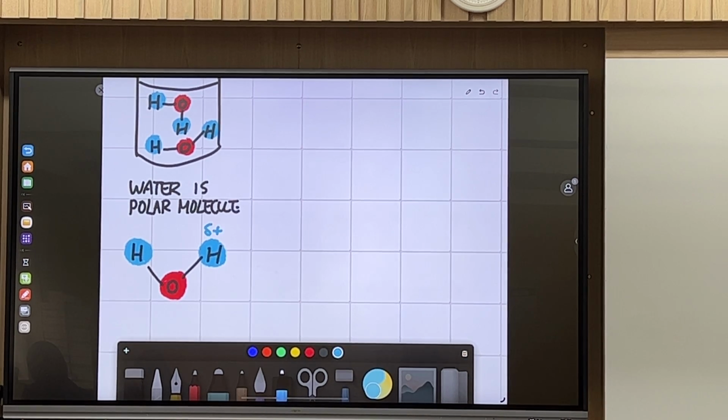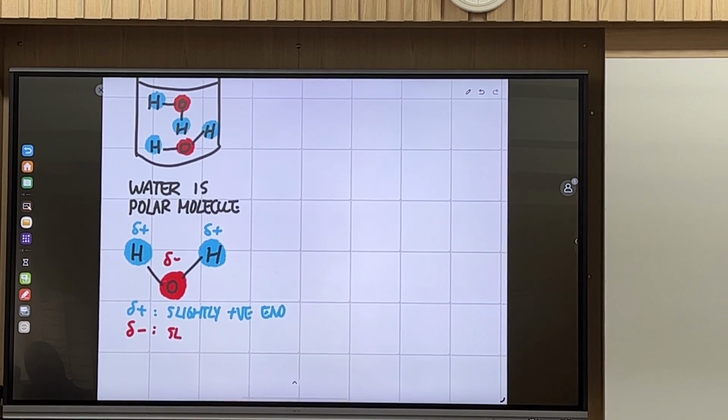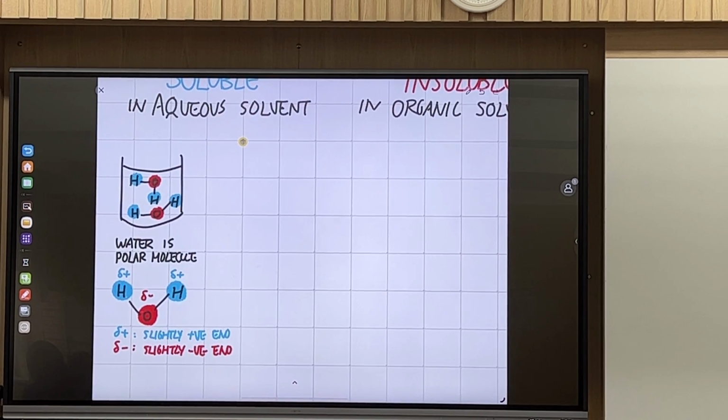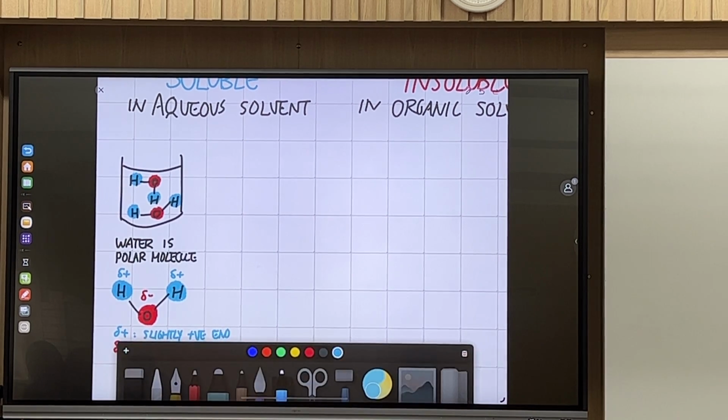So we have delta positive. And this will make more sense to you later, trust me, but put this down first. Delta positive means slightly positive end of the molecule. Delta negative means it's a slightly negative end of the molecule. So when you add table salt, or any giant ionic structure for that matter, into water, what will happen?